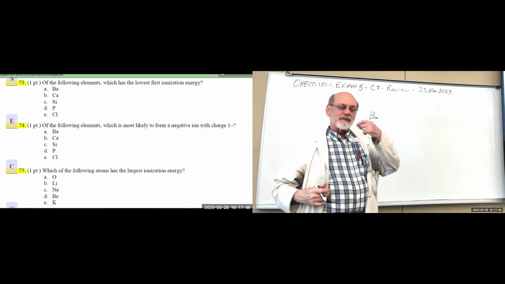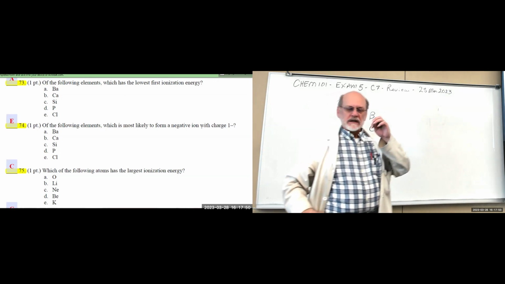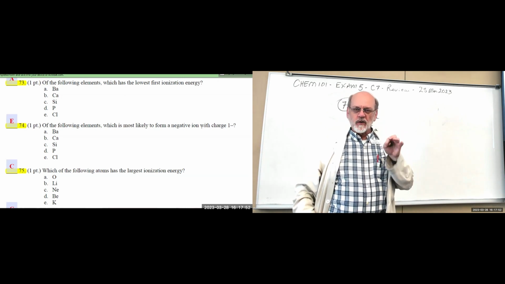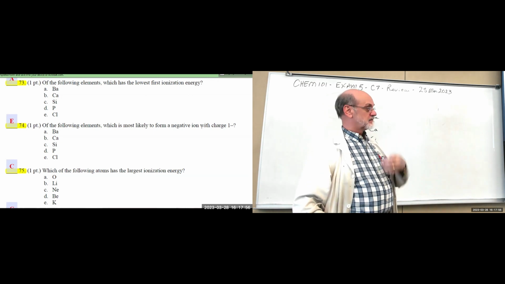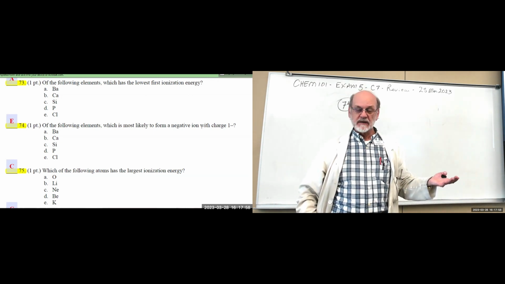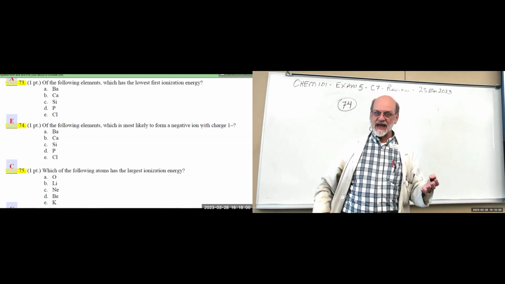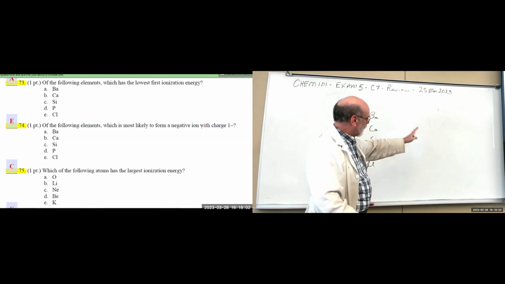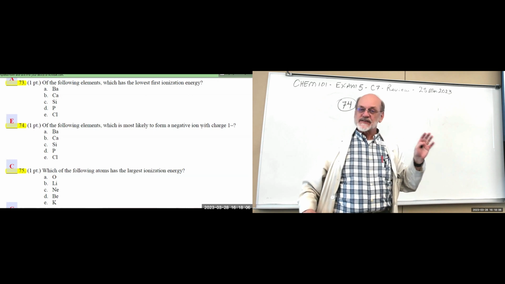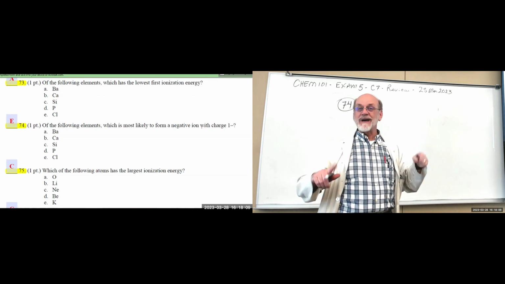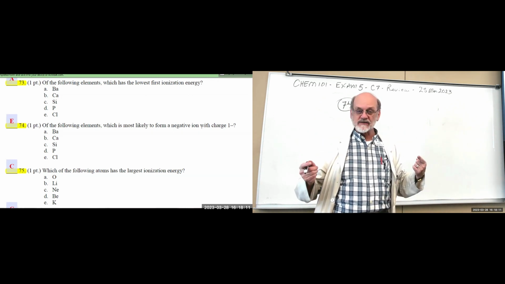All right. Remember, elements form charges because they want to be like a noble gas. So how do they get to be a noble gas? If they're on the far left-hand side of the periodic table, it's simpler to lose an electron and go backwards to the nearest noble gas.